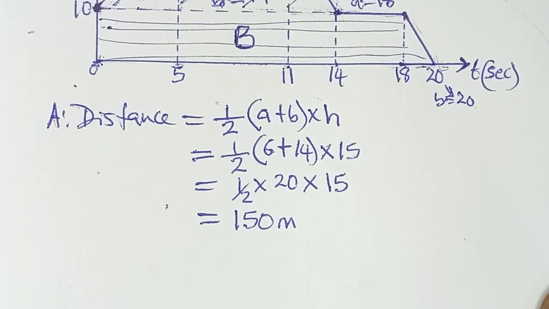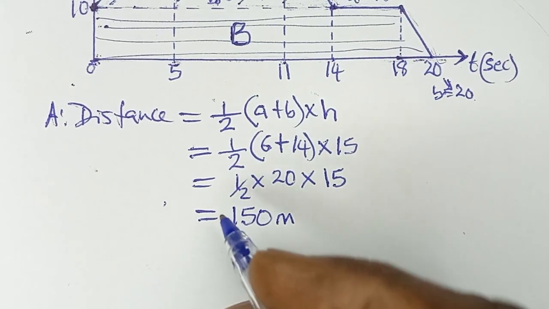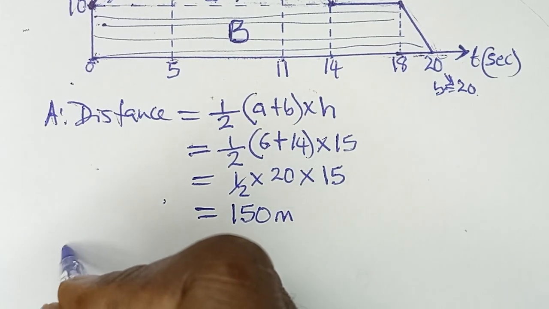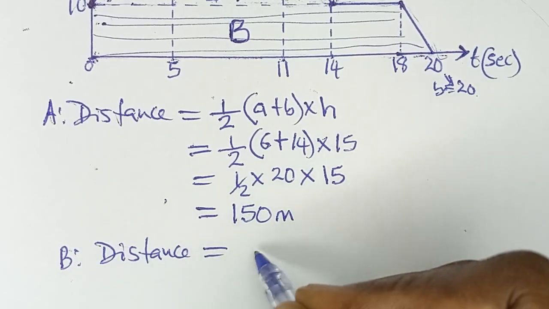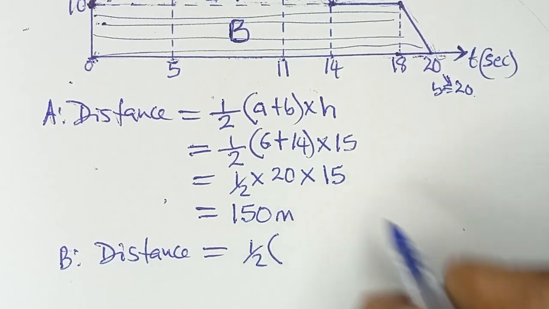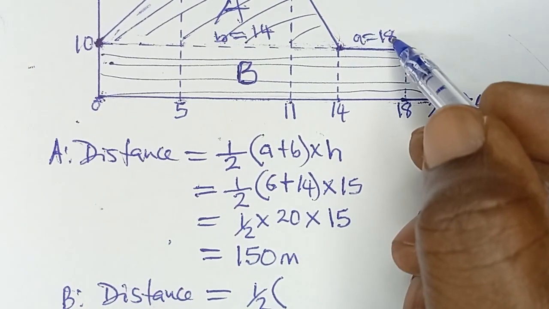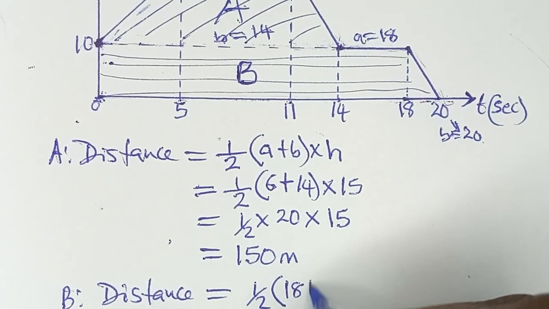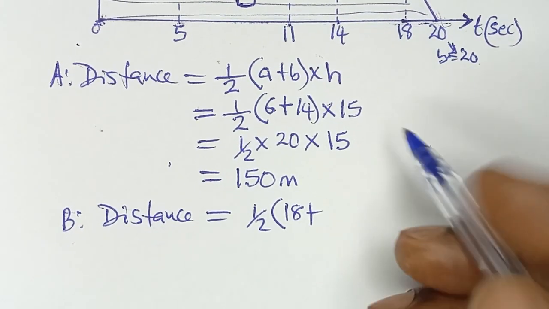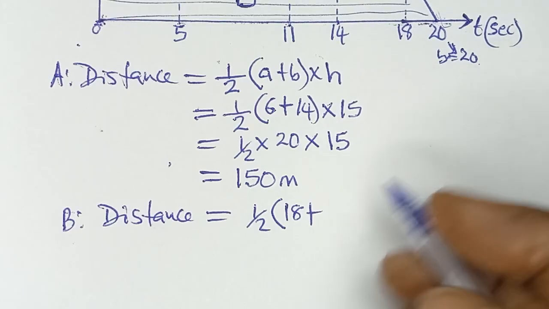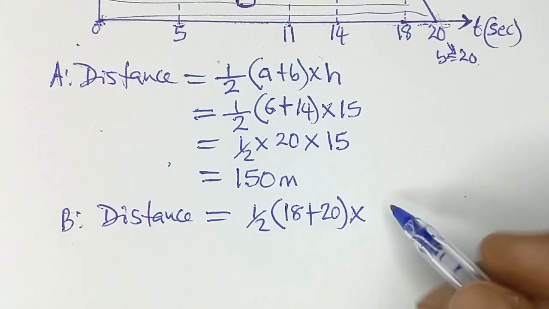So let's do that for the second trapezium. For trapezium B, distance is equal to half multiplied by A. The A part for trapezium B is 18, plus the B part, which is 20, and then multiplied by the height, which is 10.